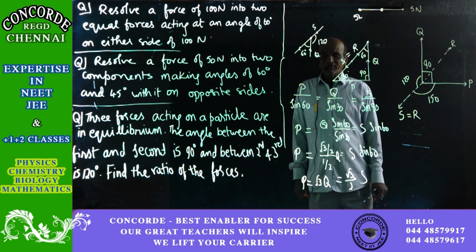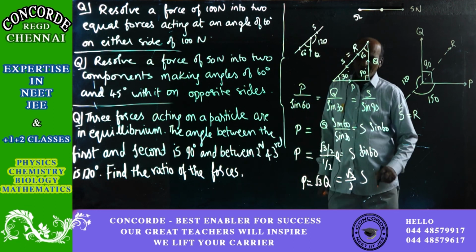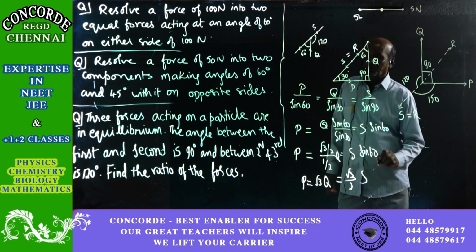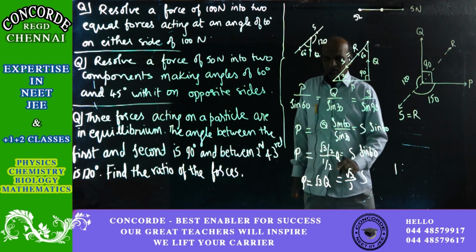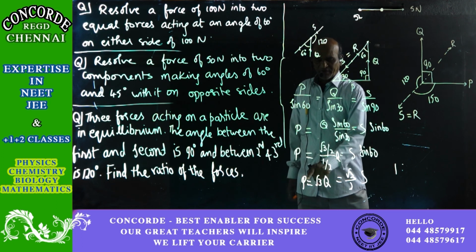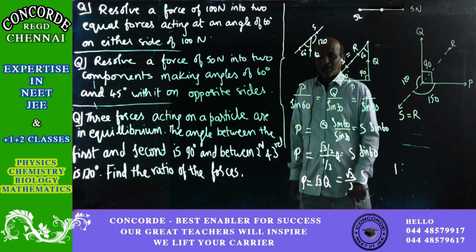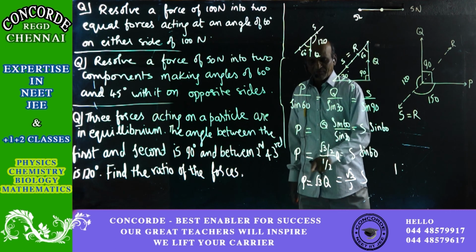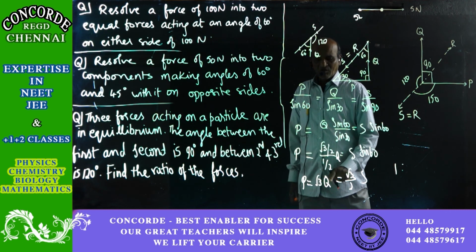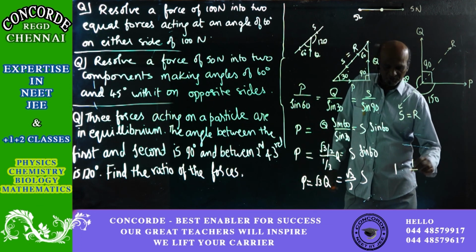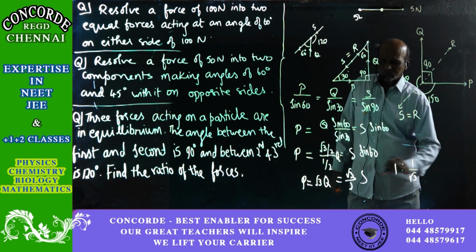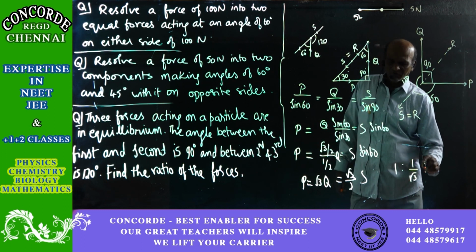So what you will therefore find is that the ratio for P, Q and S will be 1 is to, say, Q multiply root 3, it is equal to P. It means that you have to find out how many times Q is more or less than P. Multiply root 3. So the ratio will be therefore 1 by root 3. This also reverse, you will get the ratio for the third, which will be equal to 2 by root 3.